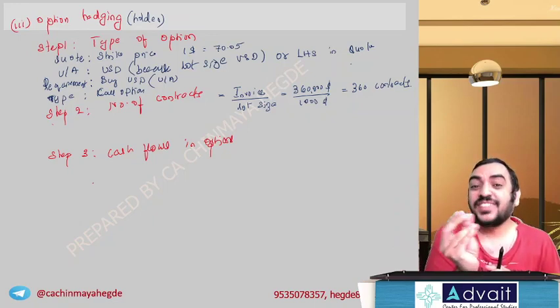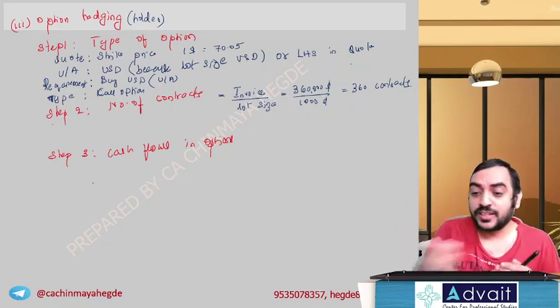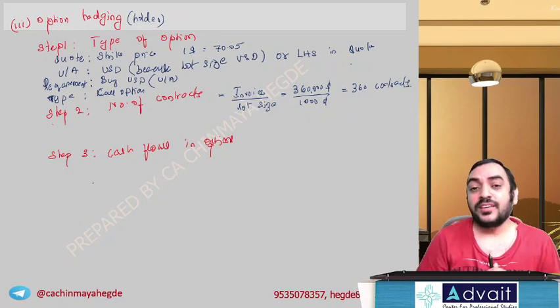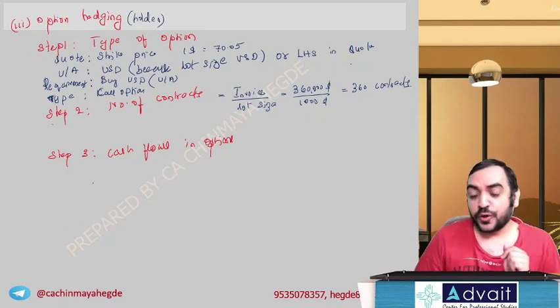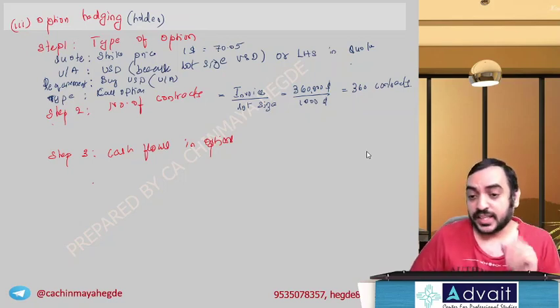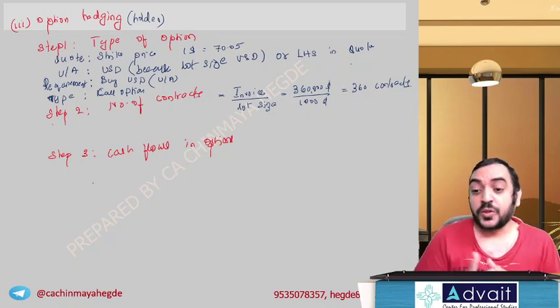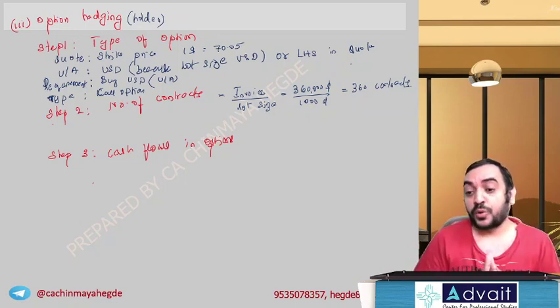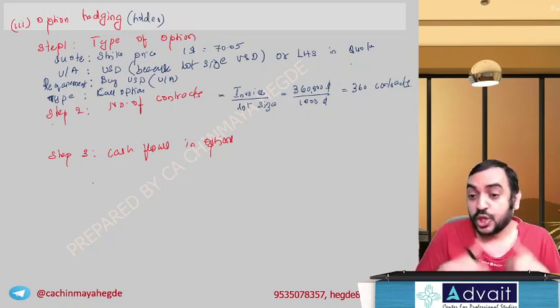That small fraction, which is not covered by option, we will take a forward cover. We don't go for future. I think you are still confused between futures and forwards. Forwards are different, futures are different, at least in currency chapter. Future hedging we are yet to learn. Only use the word forwards because forwards are the contracts.